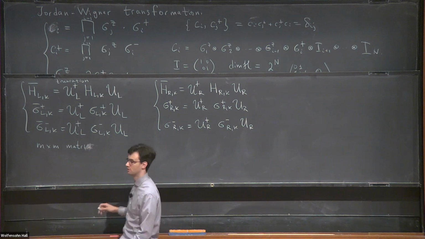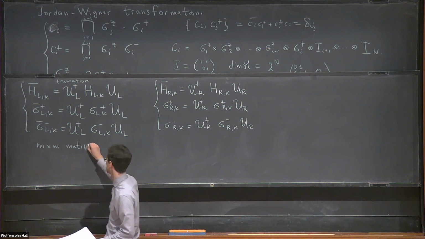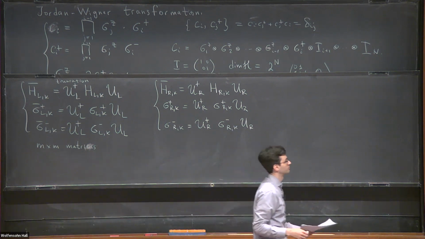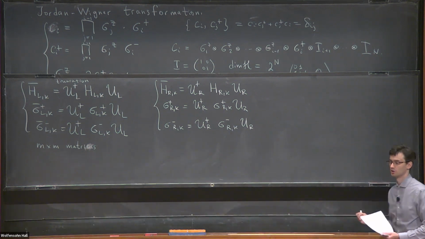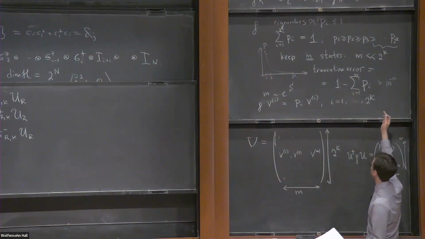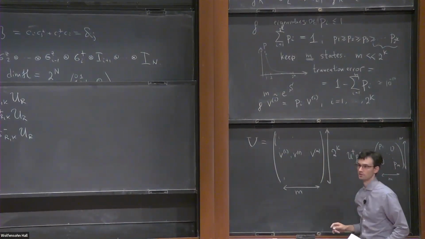Yes, so I'm going to show that. But basically, the statement is that doing this truncation will, of course, introduce some error in my computation. But this error is going to be maybe slightly bigger than the truncation error.